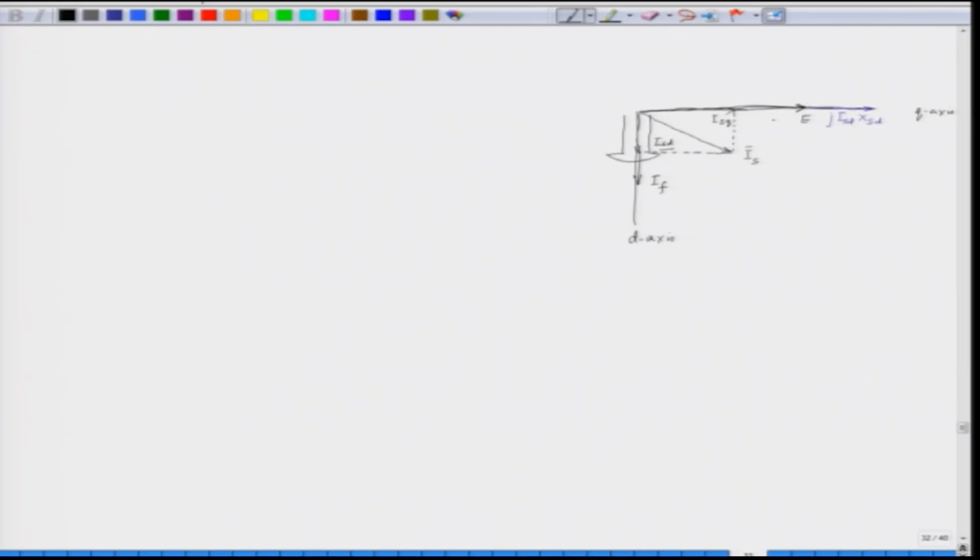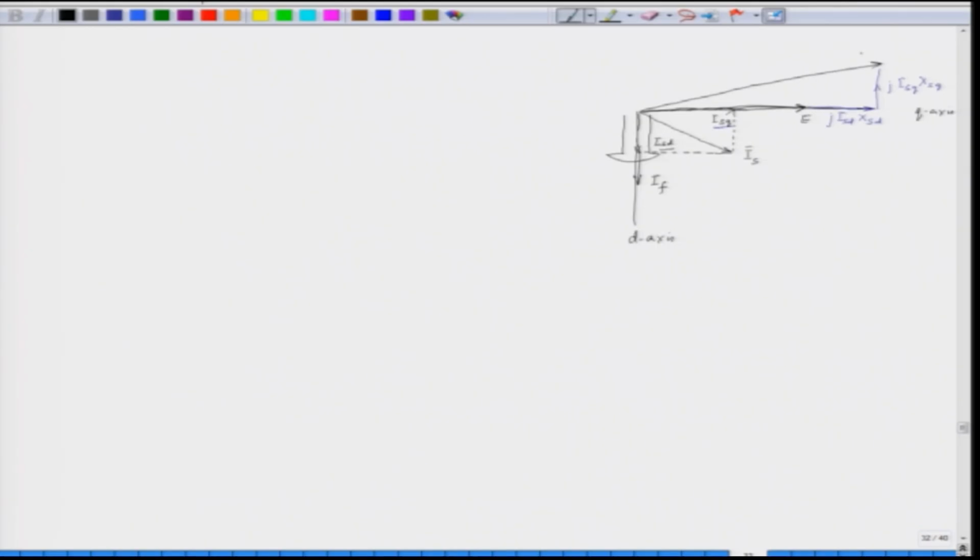Now, we will also add to this the reactance drop in the q axis. This is j I s q into x s q. I s q is here, the current in the q axis, and the reactance drop is at right angle to that. If we join these two phasors, we get the total voltage.